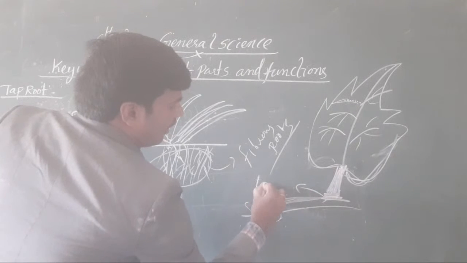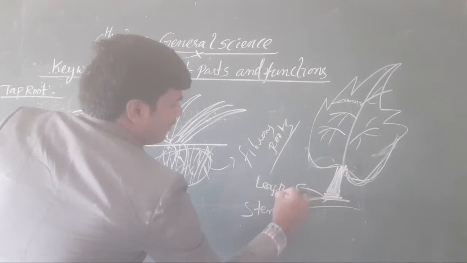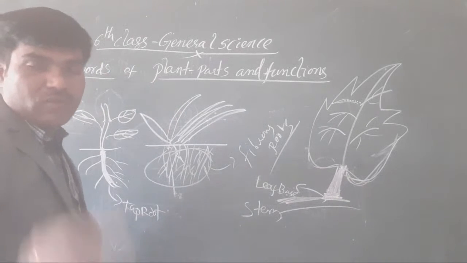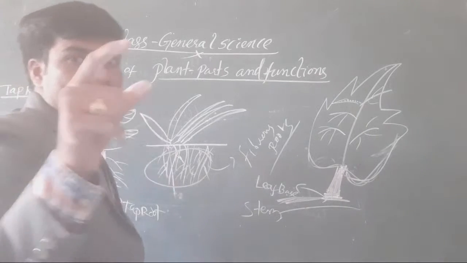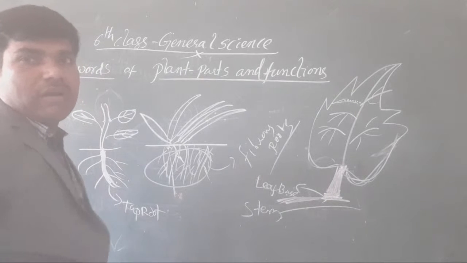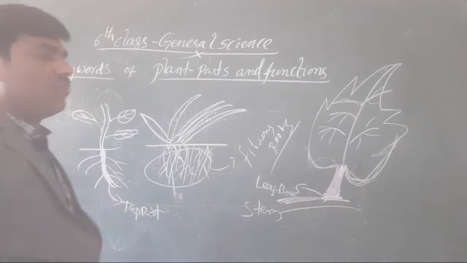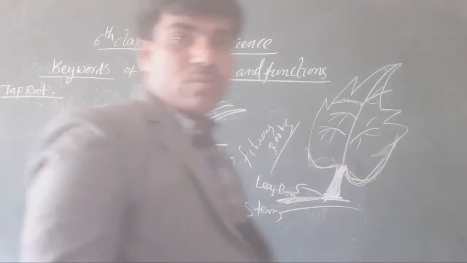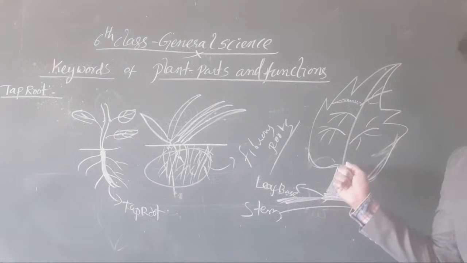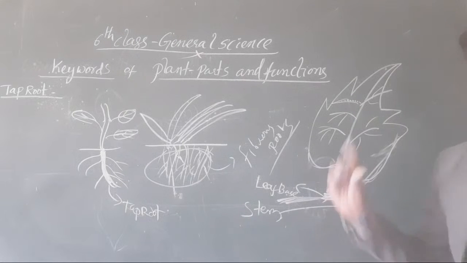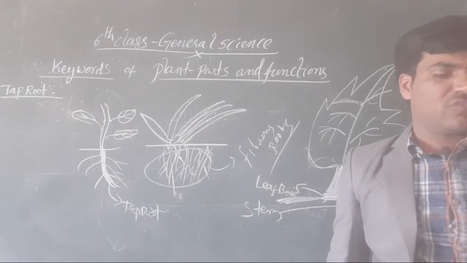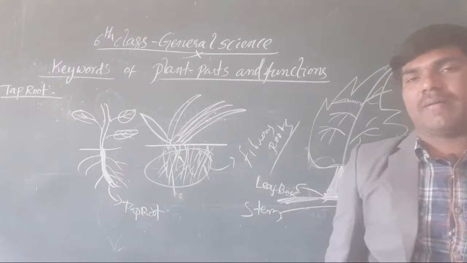This part is called the leaf base. Then from the leaf base to the leaf there is one part attached to the lamina of the leaf. The stem is connected with the lamina of the leaf through one particular part, and that part is called the petiole. Next, the lamina.